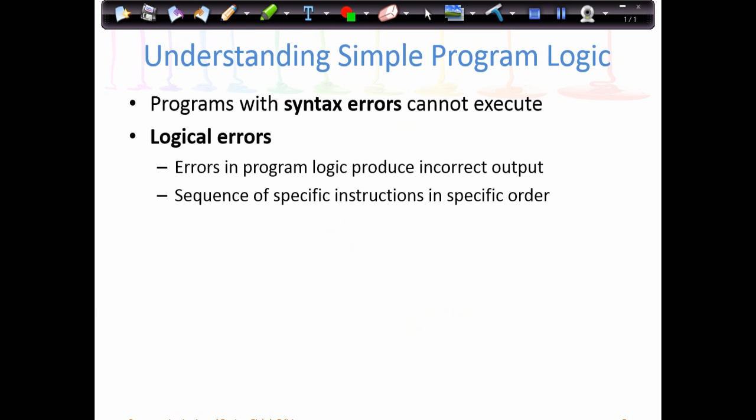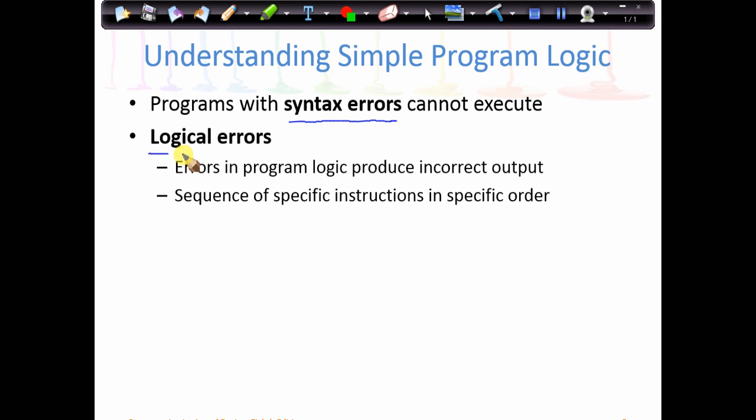We can all make certain kinds of errors in our computer programs. We deal with 2 of them. Syntax errors would be one. That means we haven't constructed the sentence correctly or the instruction correctly. In the case of a syntax error, the computer program would not execute.